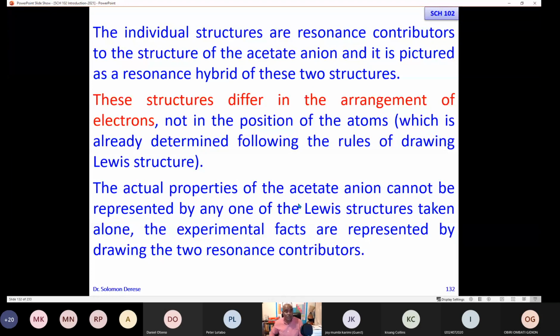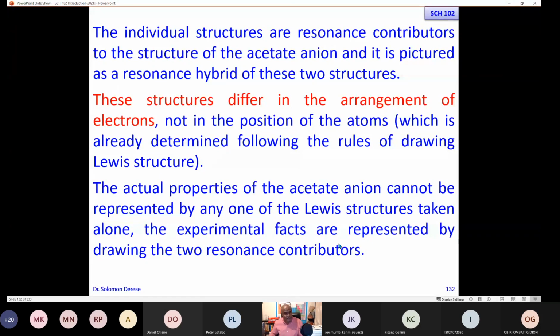So the actual properties of the acetate ion cannot be adequately represented by any of the Lewis structures taken alone. If you look at each Lewis structure of the acetate ion individually, you will see a carbon-oxygen single bond and a carbon-oxygen double bond, totally different types of carbon-oxygen bonds.